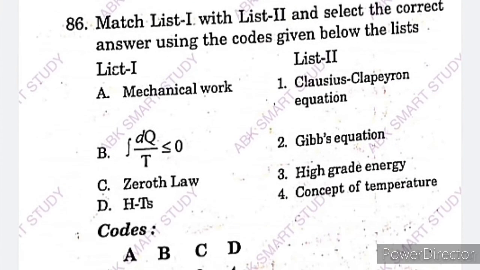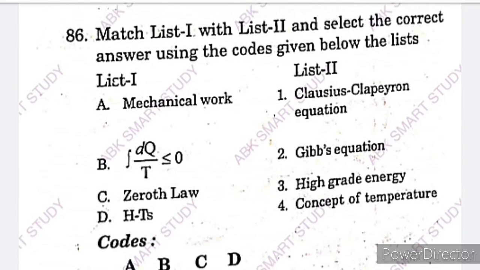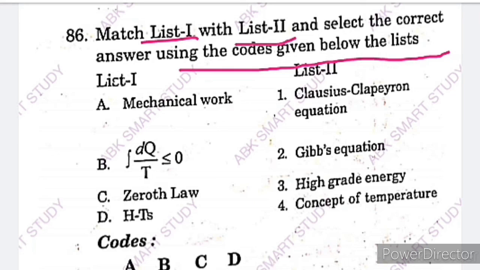Next question, and this is the last question of our today's lecture. Question is, match the list 1 with list 2 and select the correct answer using the codes given below the list. So here again list 1 and list 2 are given. Option A is mechanical work, which we know is high grade energy.